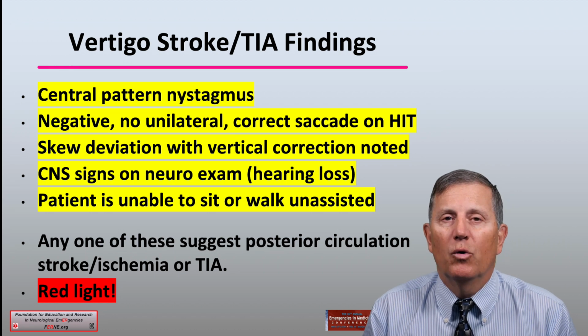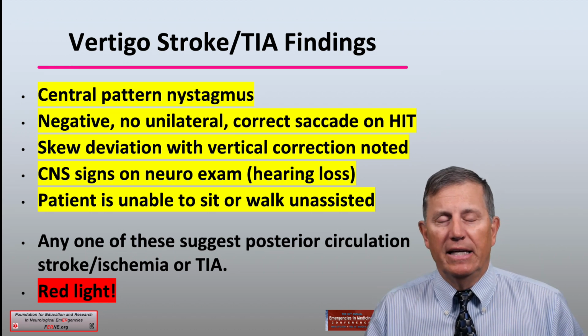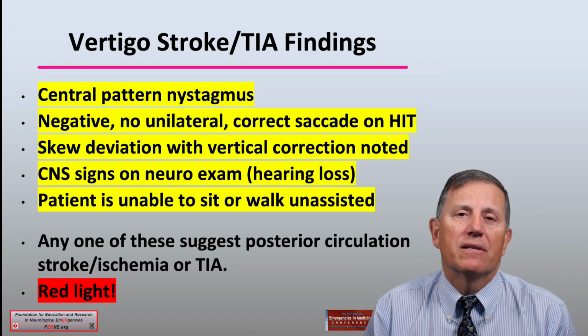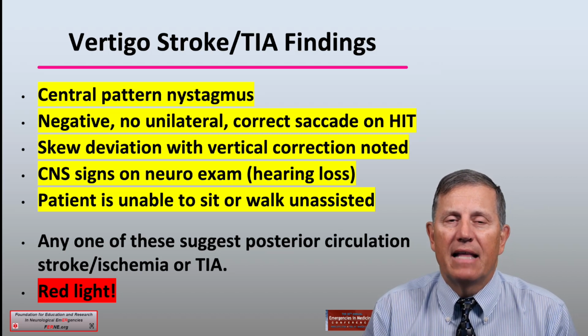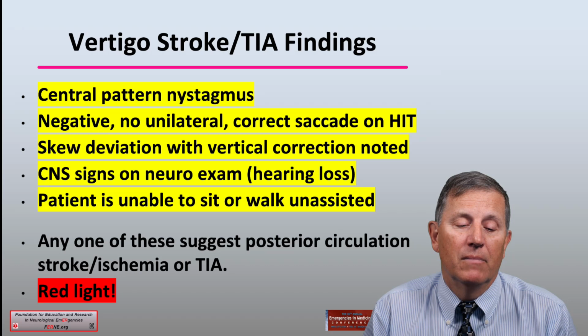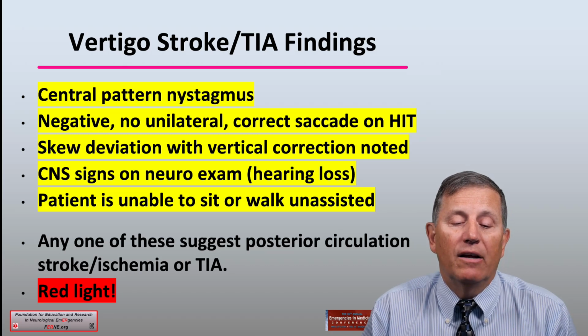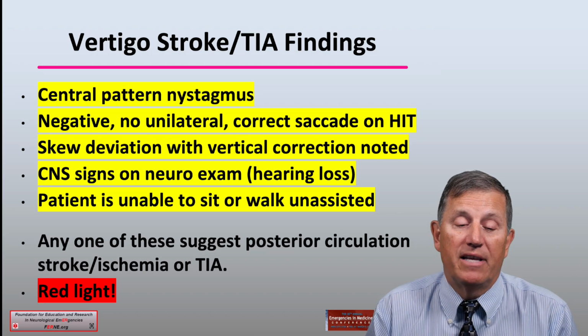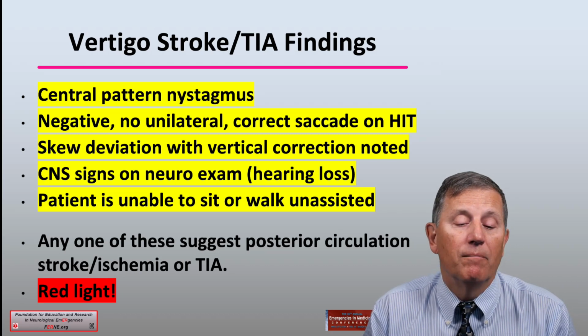What are those things that would make you consider a central etiology? The first, central pattern nystagmus. That is nystagmus that is not just related to a peripheral vestibular system malfunction. The second would be negative or no corrective saccade on head impulse test, and we will talk about that.